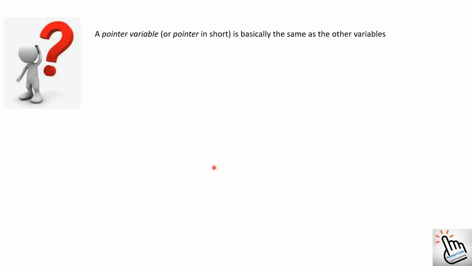As you know, a pointer variable, or pointer in short, is basically the same as any other variable. The one difference is that a pointer stores the address of another variable, an array or another pointer.